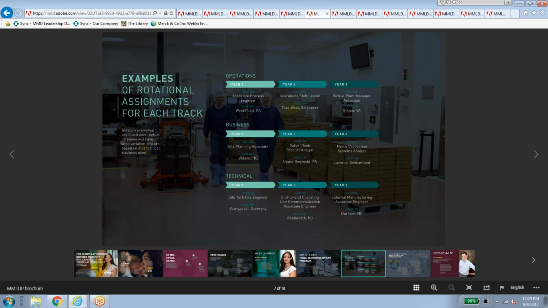And then for the technical role, being able to work in a commercialization role in one of the end-to-end operating units is a great experience for technical track people. Our commercialization space is the space in MMD where all products that are in phase 2B through launch in the clinical trial space. This is where we work to scale up the products.